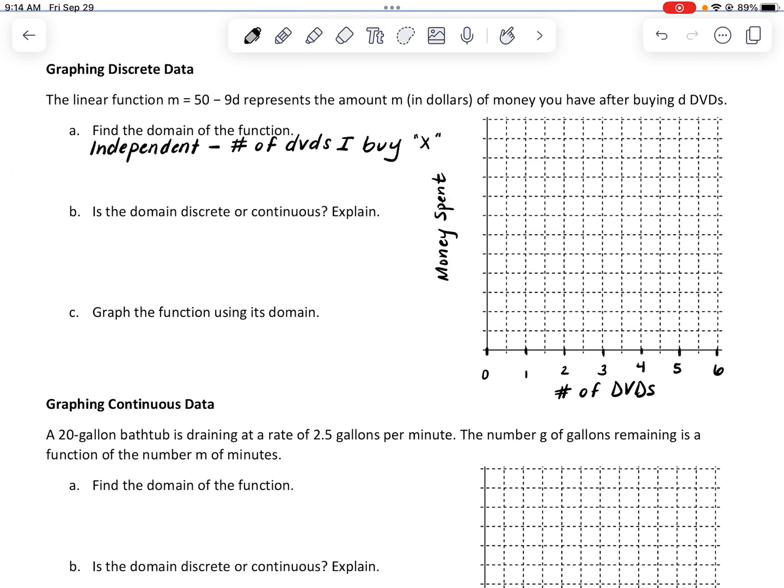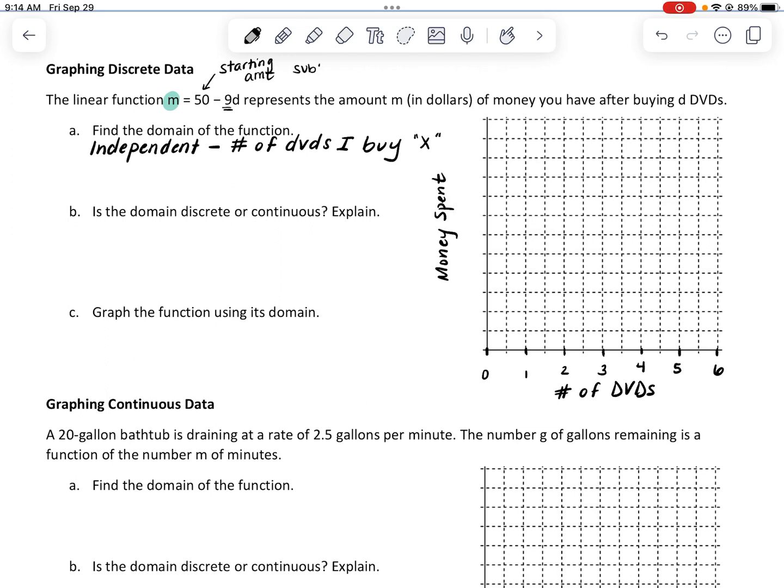And then let's just think about this equation really quick. If I look at the amount of money, how much do I start with? I start with $50. So this is my starting amount. And I pay $9 per DVD.